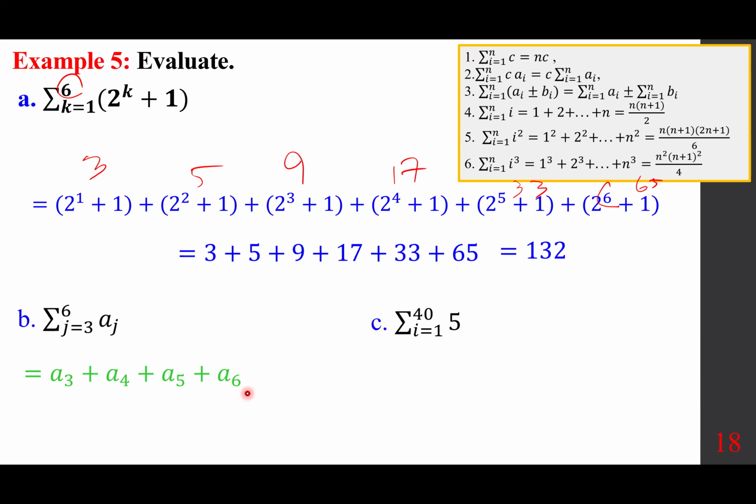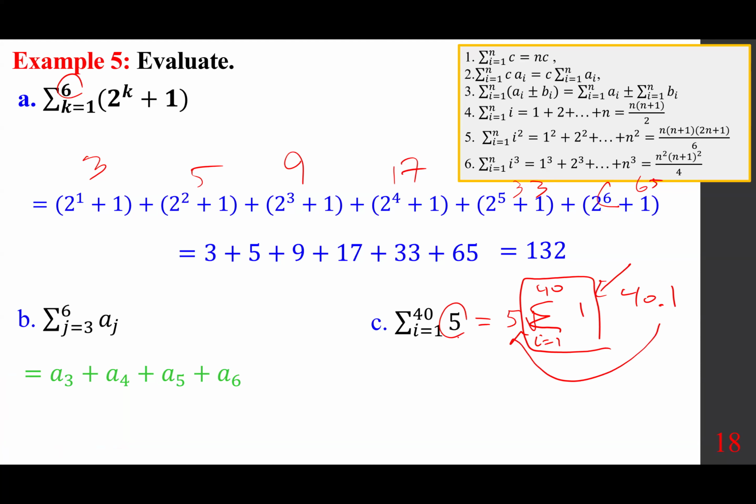What about this one? If you want, you can take the 5 out and write equals 5 times the summation of i going from 1 to 40 of 1. And this is n times c, so 40 times 1, and then times 5.